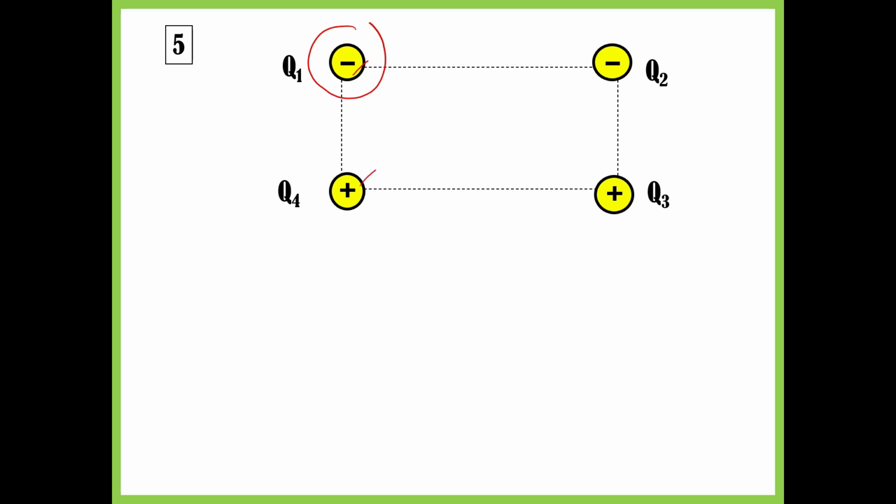Negative and positive, attractive, F14. Negative and positive, attractive, so it is going to be diagonal. F13. Negative, repulsive, so it is going to be to the left. This is F12. This is the electric force diagram for this case.